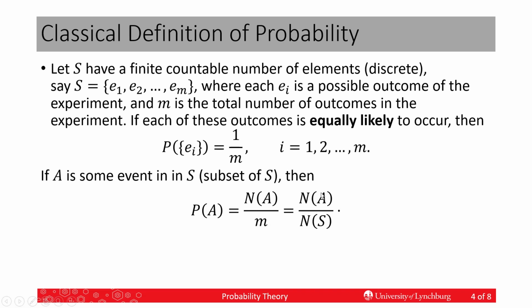So it's the number of outcomes that are in A divided by all of the possible outcomes in S. You can see how this value, N of A over N of S, is very similar to the relative frequency, which is N of A over little n, the number of trials repeated.